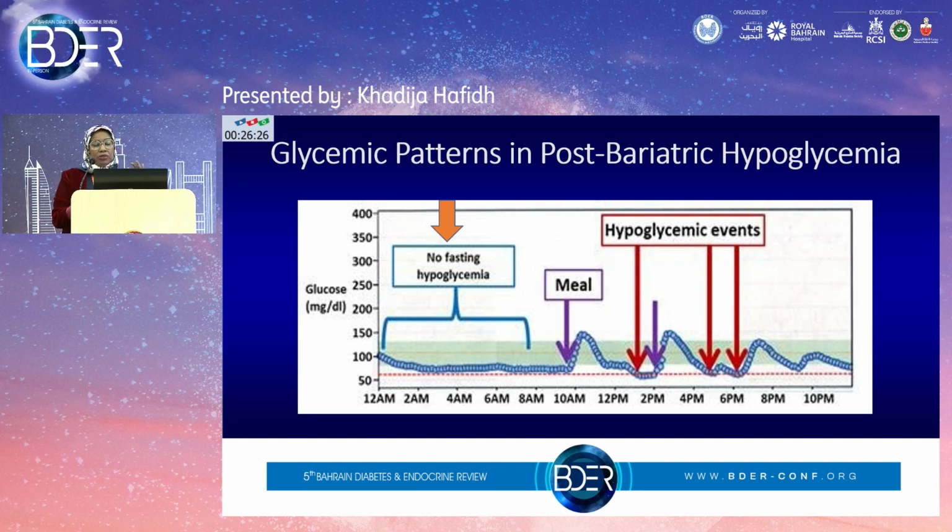So, here are the glycemic patterns that we would expect to see. One thing to highlight is that there's usually no fasting hypoglycemia. Patients with PBH don't usually present with fasting hypoglycemia. It's always postprandial. And as you can see from the graphs, it's usually around 1 to 3 hours after the meal.